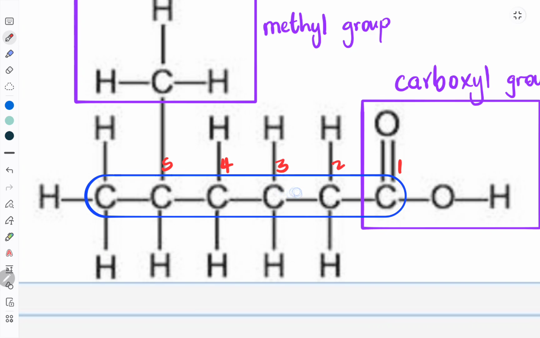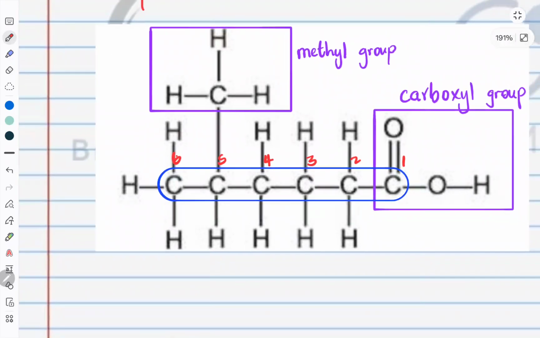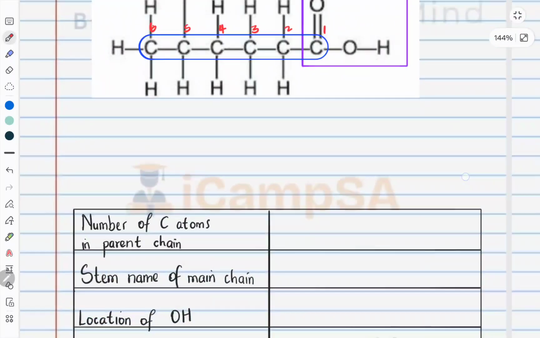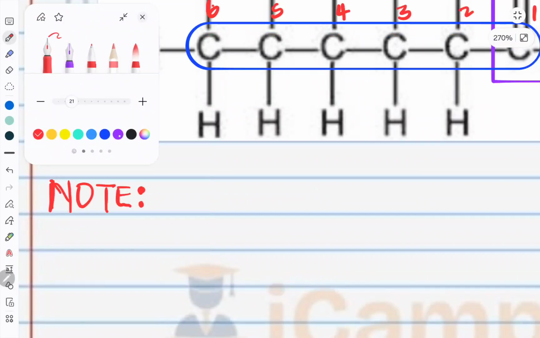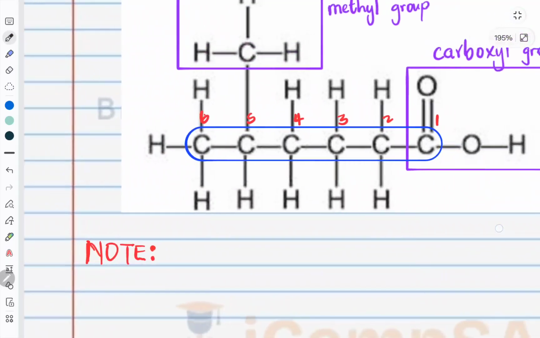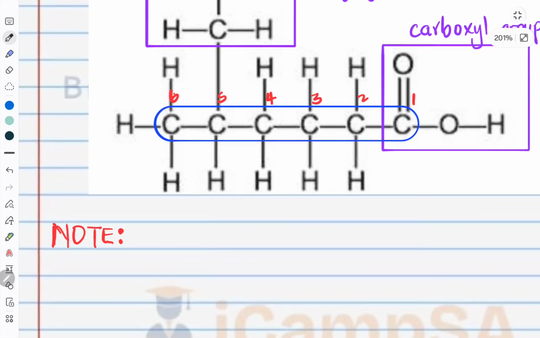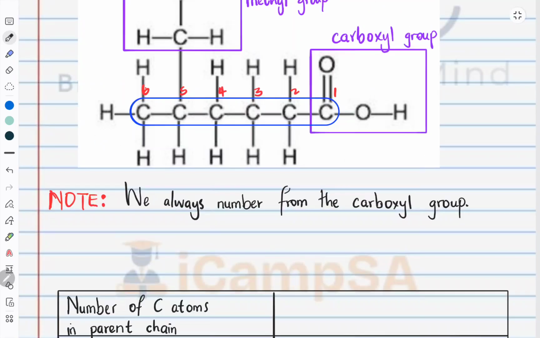So our methyl group is on carbon atom number 5, and then 6. So we have 6 carbon atoms in the main chain. Just a note here, we always number from the carbon atom of the carboxyl group.